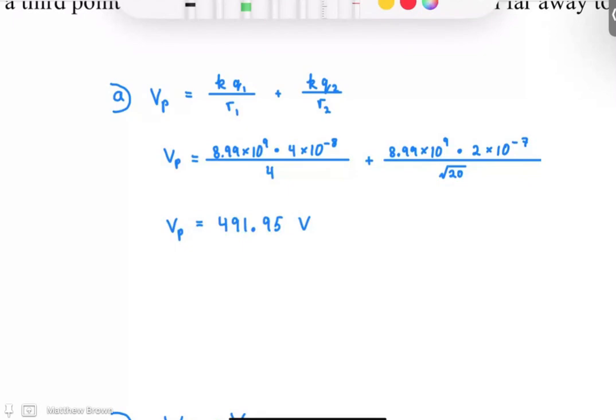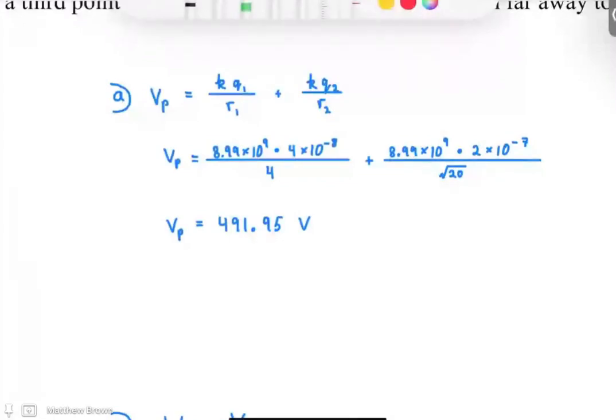K, you probably memorized it already, is 8.99 times 10 to the 9. Put in the values for Q1 and R1, and then for Q2 and R2, which I already found. Work that out, you could probably do that all at once in a calculator, and that gives you 491.95 volts, or joules per coulomb if you prefer.